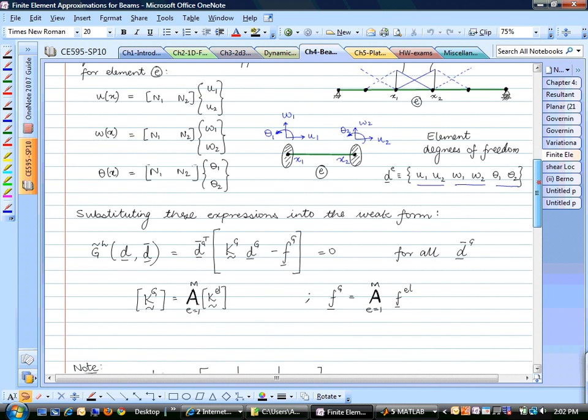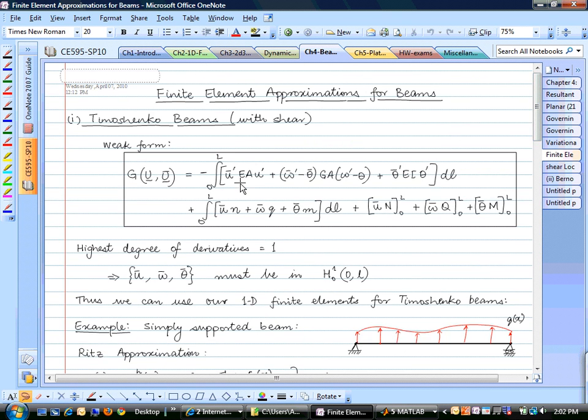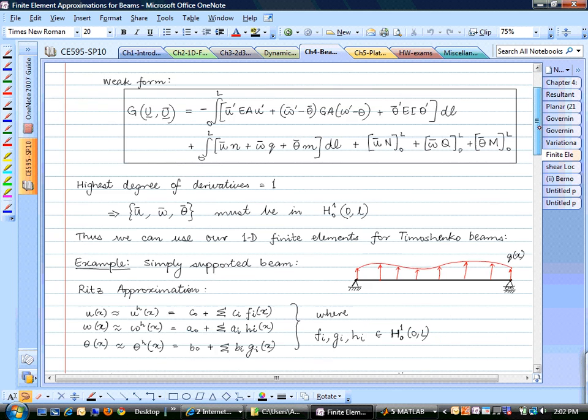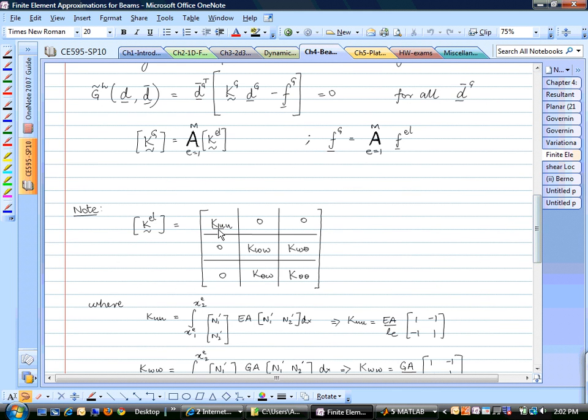Let's consider this term first. This is the same term that we had for our one-dimensional problem, u bar prime times EA times u prime. This term was also there in our one-dimensional problem, and this is the term that leads to KUU.